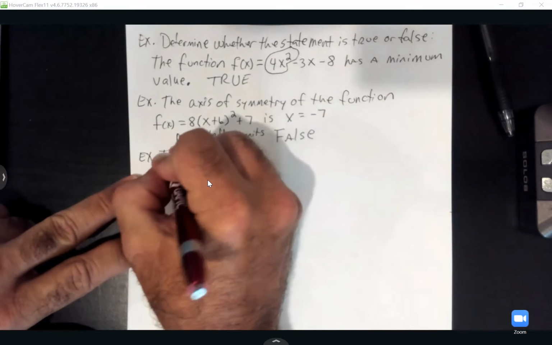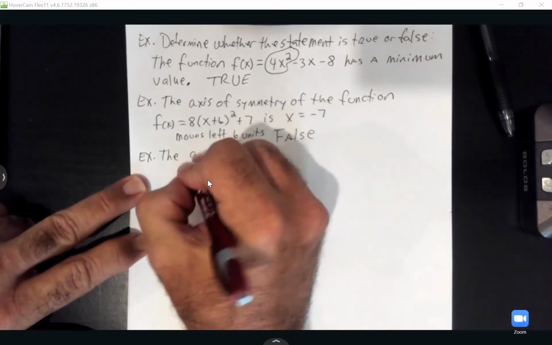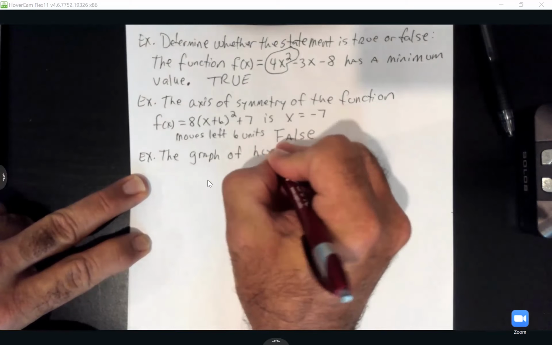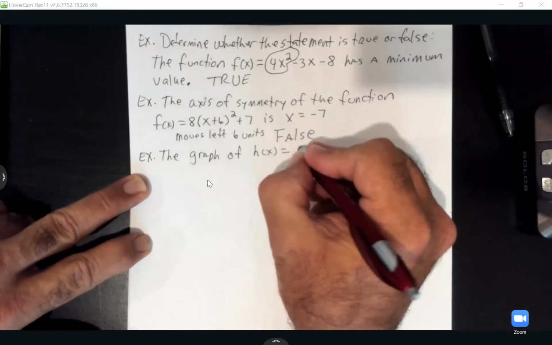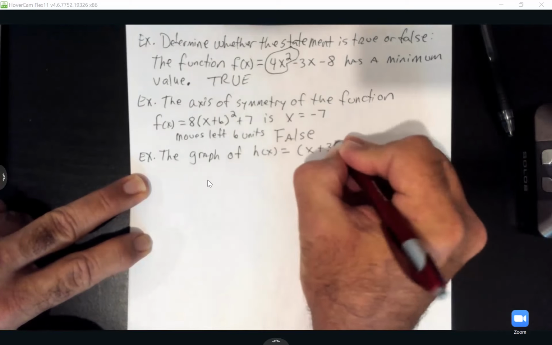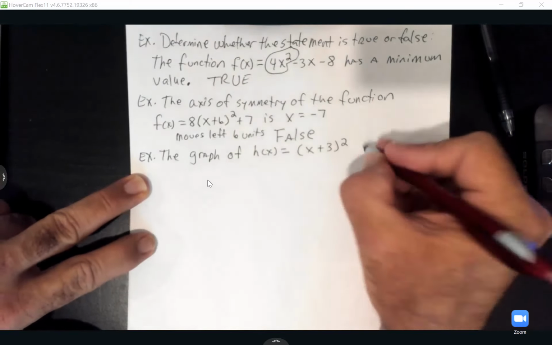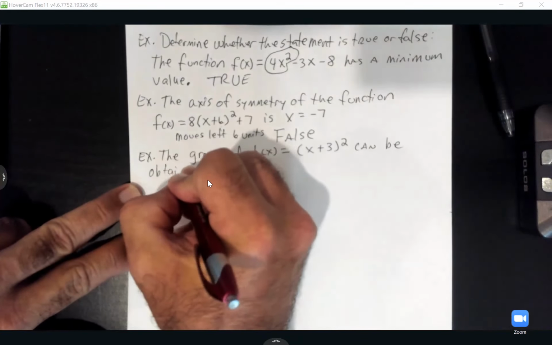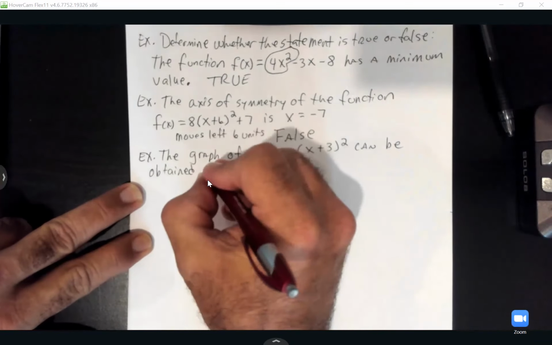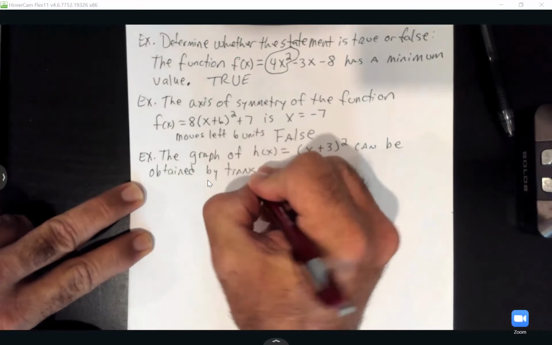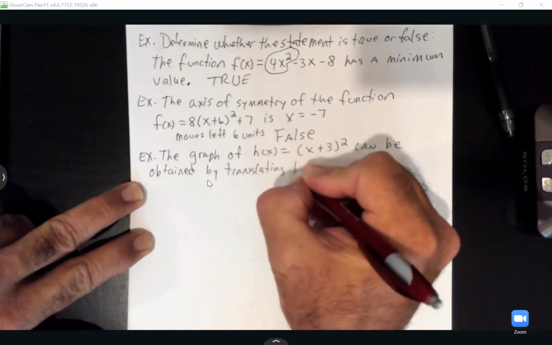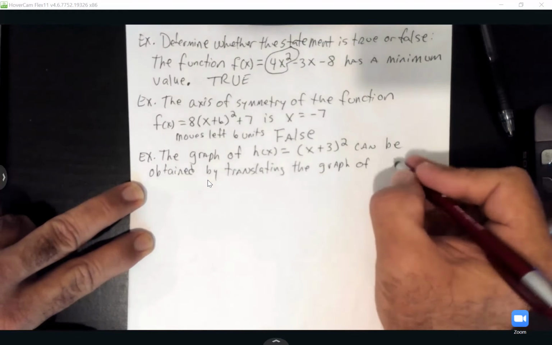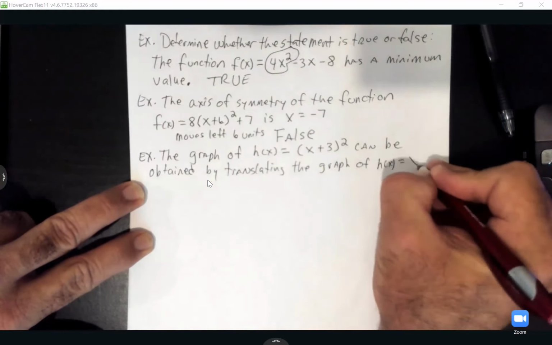All right, here's one more for you. The graph of h of x equals x plus 3 squared can be obtained by translating the graph of h of x equals x squared.